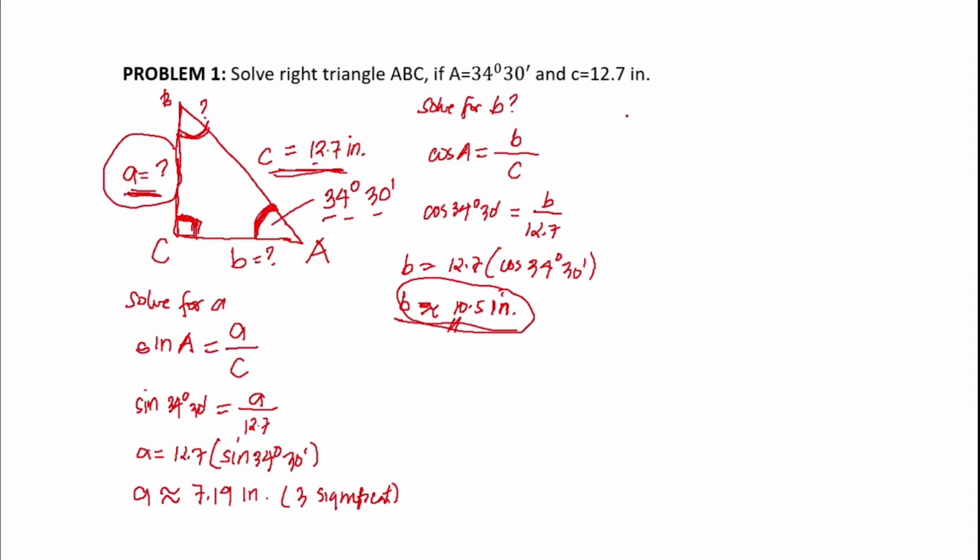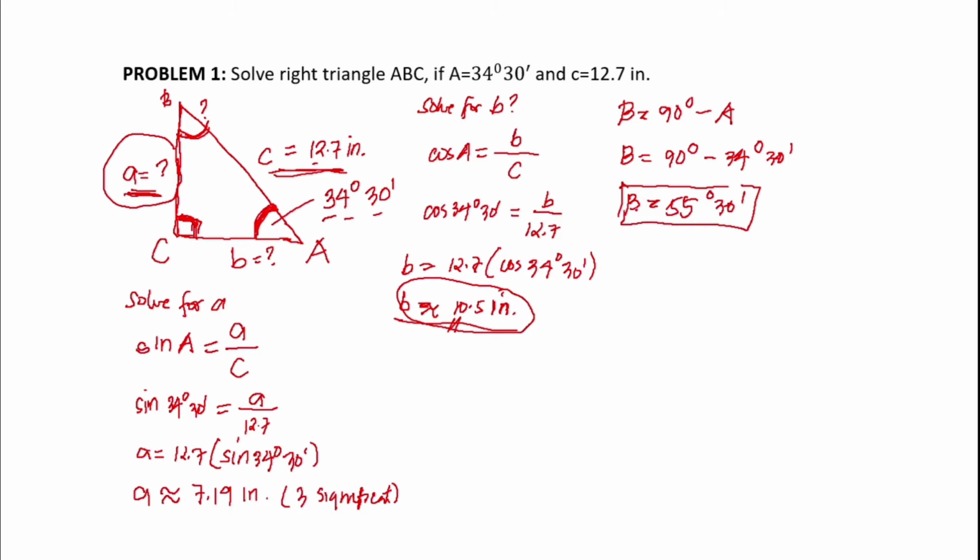So to solve for B, B is equal to 90 degrees minus the A. That is the complementary to this part. So our B is equal to 90 degrees minus 34 degrees and 30 minutes. If we calculate this, B is equal to 55 degrees and 30 minutes. So this is our angle B.